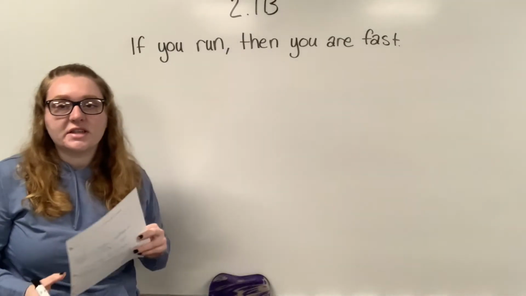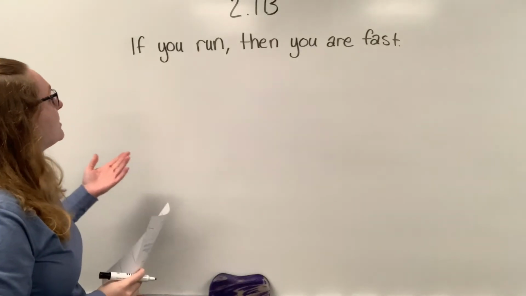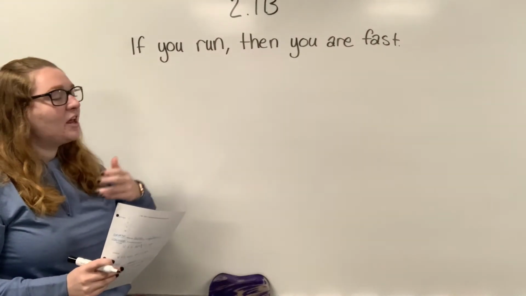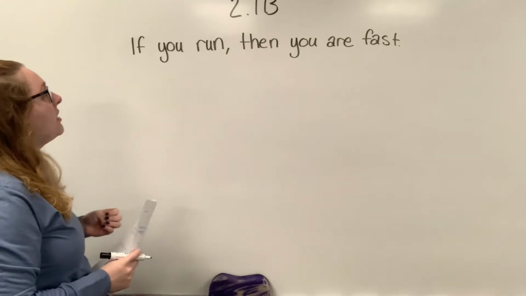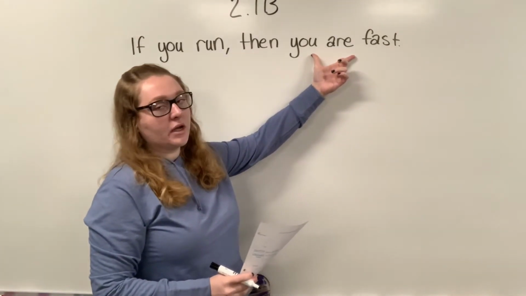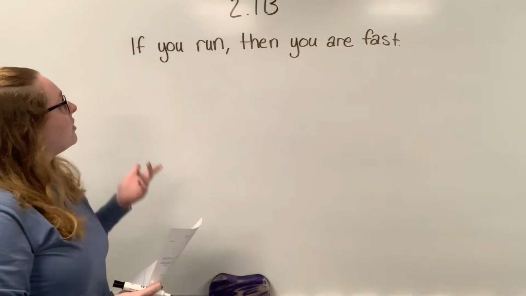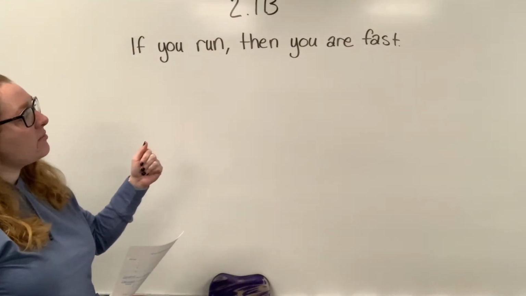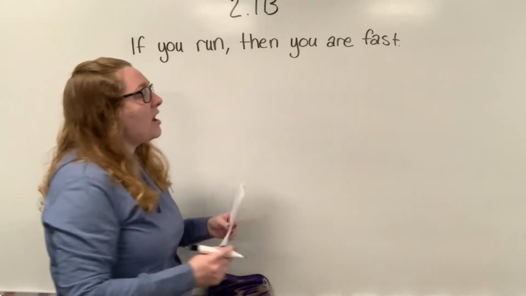Let's do another example. This conditional statement says, if you run, then you are fast, okay? So after the if is your hypothesis, and after the then is your conclusion. But this is a false statement because someone can run and not be fast.